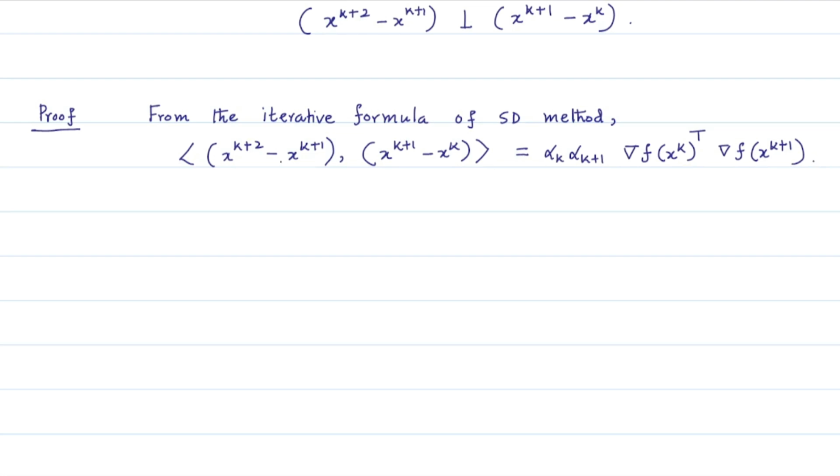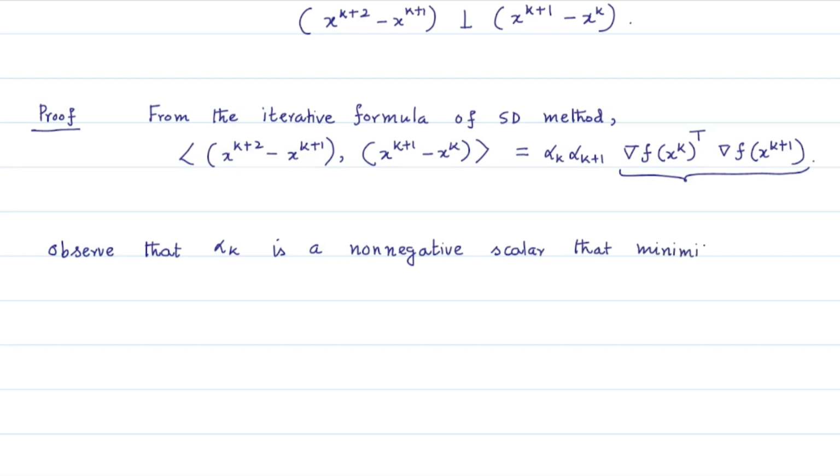So to prove that these two vectors are perpendicular to each other, we note that the step length alpha k given by the exact line search is a non-negative scalar that minimizes the function phi k, because we are working at the point xk.